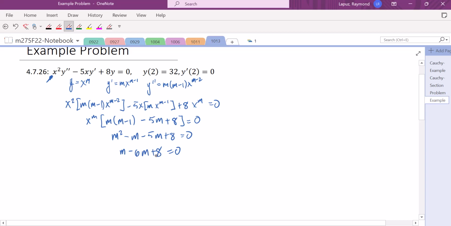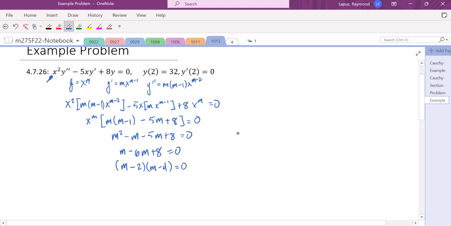Two terms that multiply to 8 would be 2 and 4. Negative 2, negative 4, that would add up to negative 6, so I think this is factorable. We have a minus 2 and a minus 4 that multiply to positive 8 and add to negative 6.